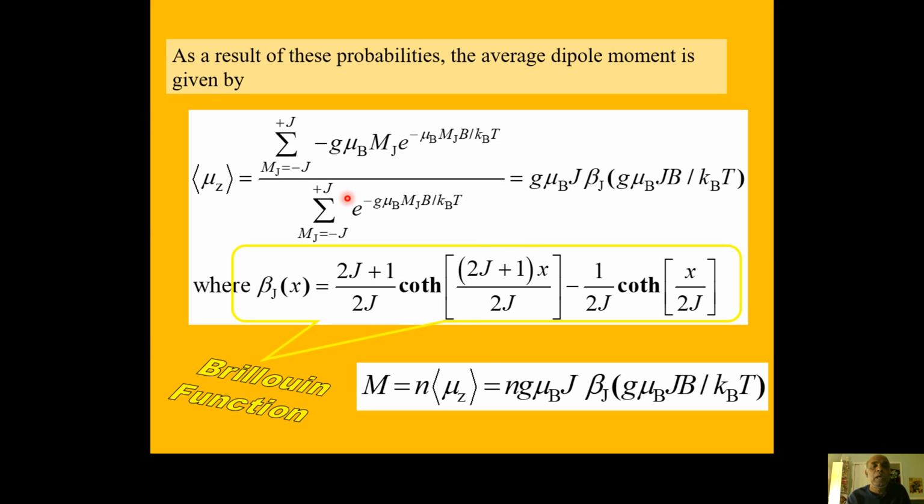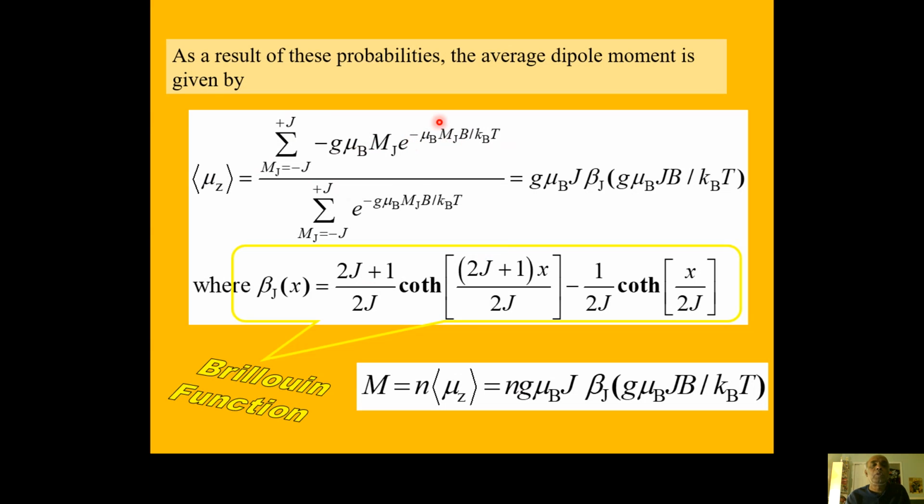How do you do that? Since you are calculating the mu z, you add up all the mu z values, g mu B mj, weighted by the Maxwell-Boltzmann probability. Everybody remembers that's e to the minus energy divided by kBT, right? The energy is now g mu B mj times B. So actually g should be here, sorry.